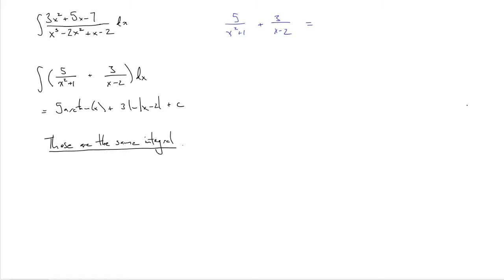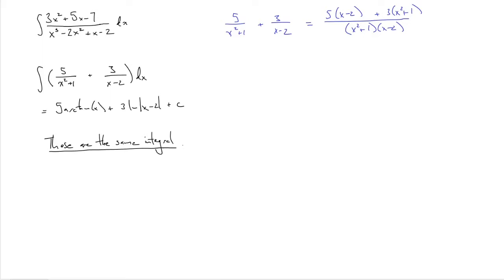It's not hard to show. Take 5 over x squared plus 1 plus 3 over x minus 2 and combine them. Well, first you need a common denominator. The common denominator would be x squared plus 1 times x minus 2. And after you multiply the first term by x minus 2 over x minus 2 and the second term by x squared plus 1 over x squared plus 1, you get this expression here.